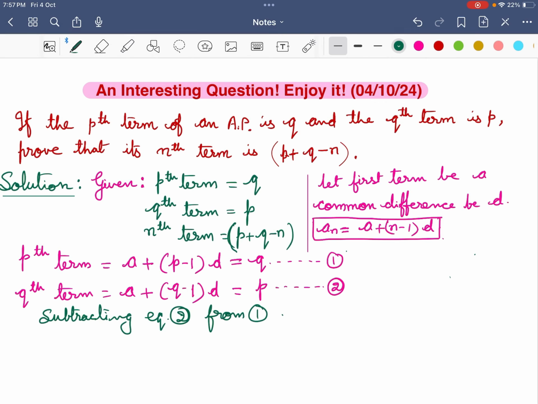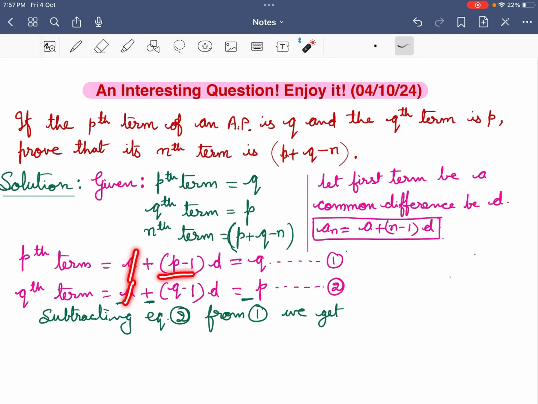So we get, I am writing C here, because we have dealt with such types of questions. If we are subtracting, all these signs will change. The a and a will be cancelled, plus a minus a.